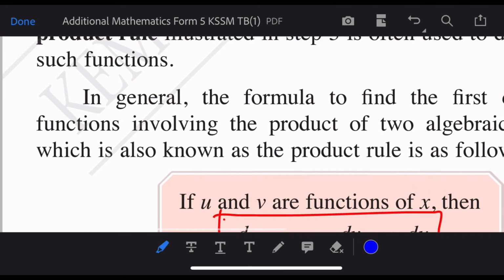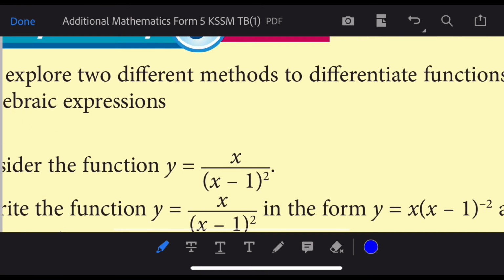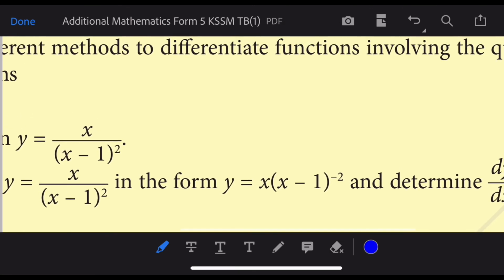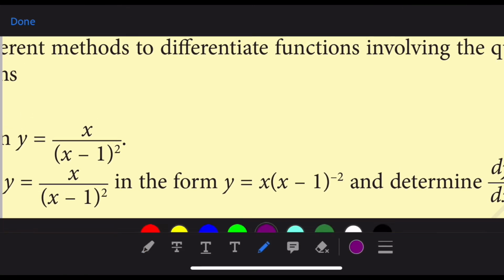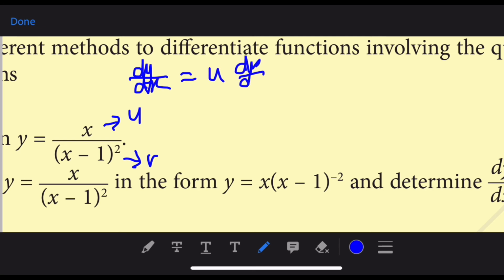Let's do one question so that you can recall. Let's say this one. You have two functions, right? This is actually your u, and this is your v. I'm not going to memorize the formula. The formula is dy dx equal to u dv dx plus v du dx, right?